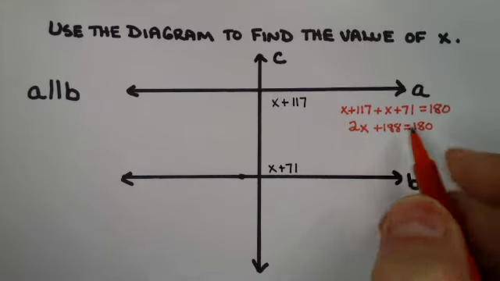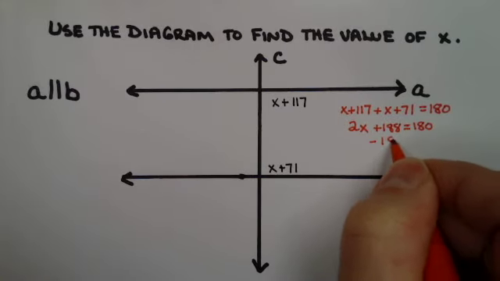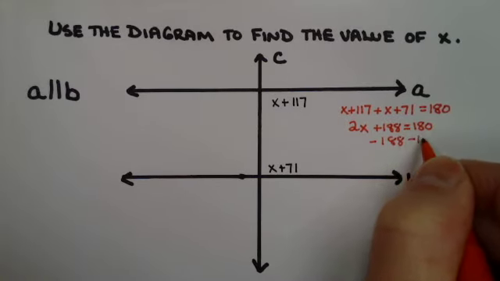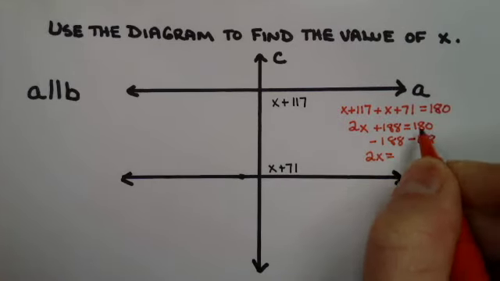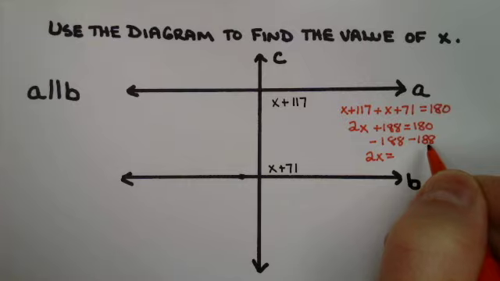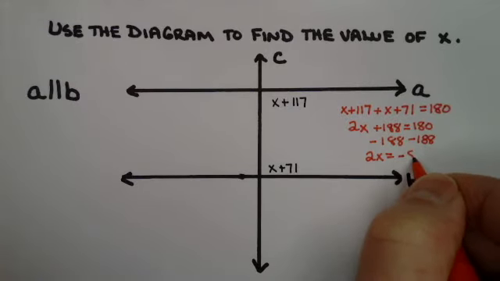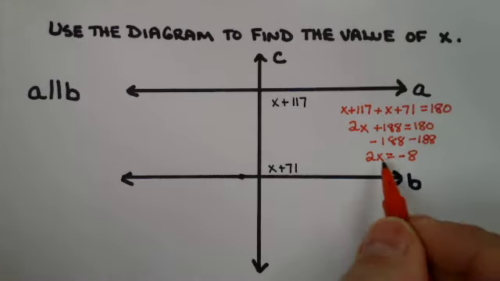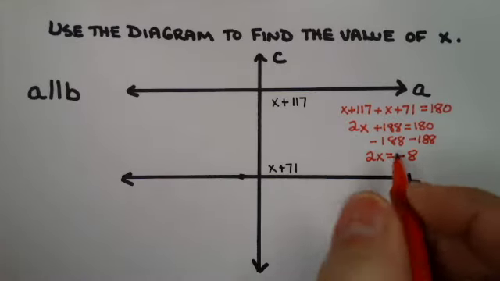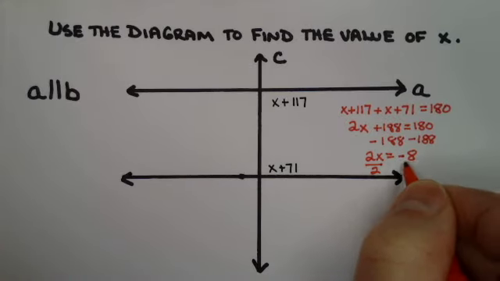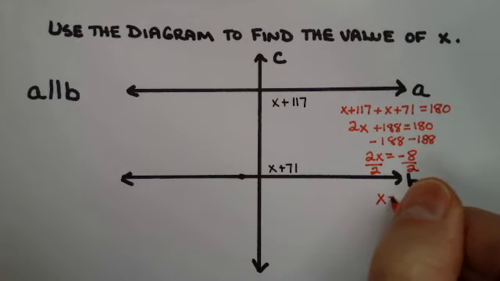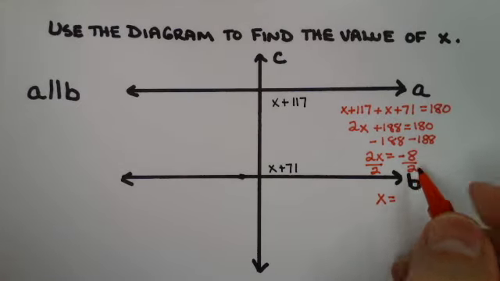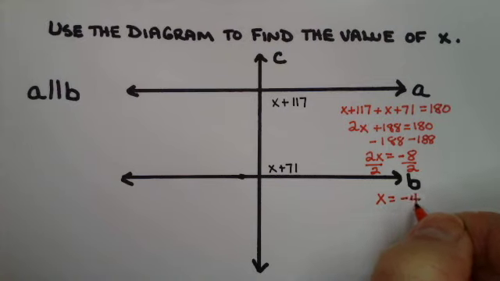Opposite of adding 188 is subtracting 188 from both sides. 180 minus 188, negative 8. Opposite of multiplying by 2 is dividing both sides by 2. X is equal to negative 8 divided by 2, negative 4.